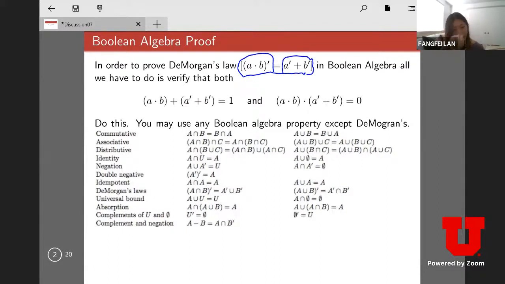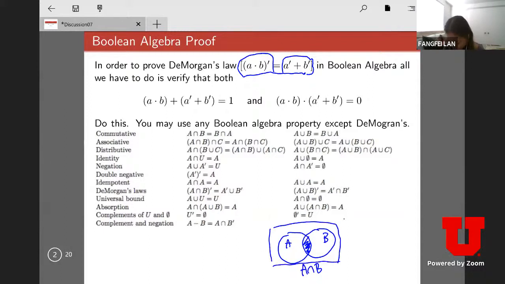If we draw a Venn diagram, using set notation, we have A, B. This right here is A intersect B. And if we have a universal set U, then the complement is everything other than the shaded part, the white part.